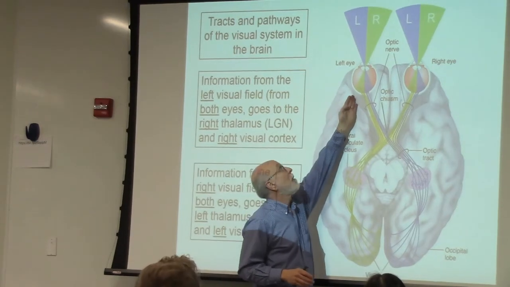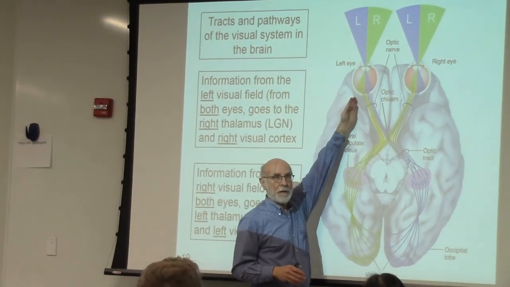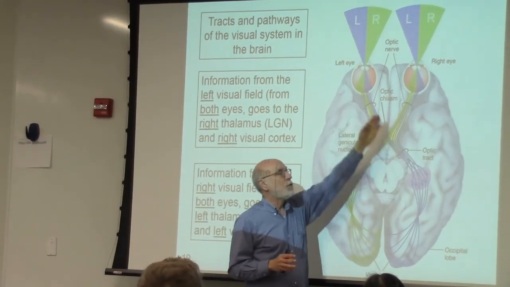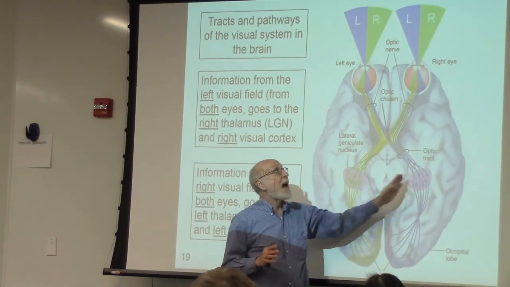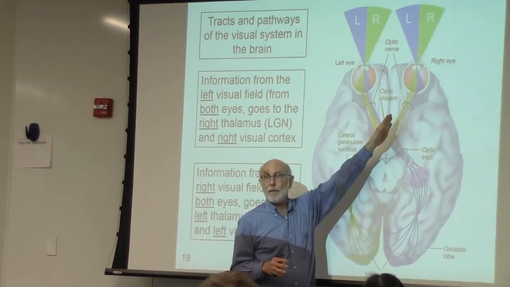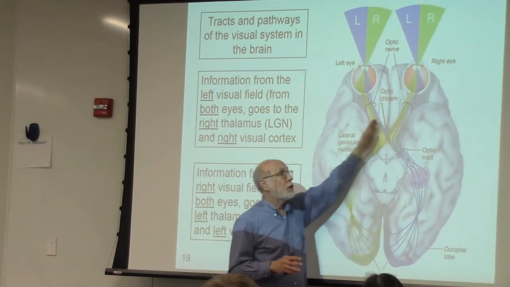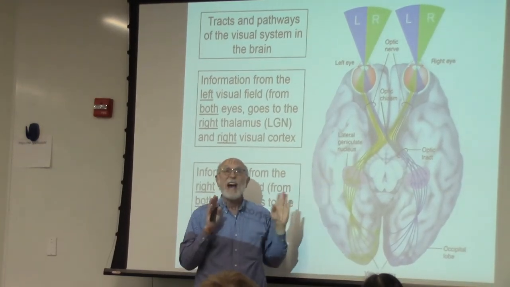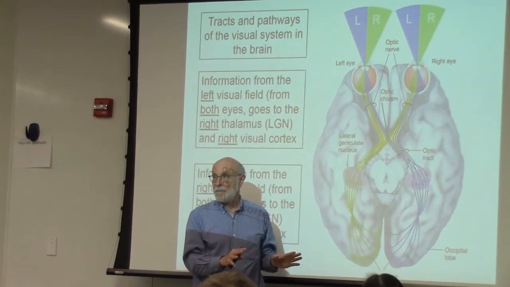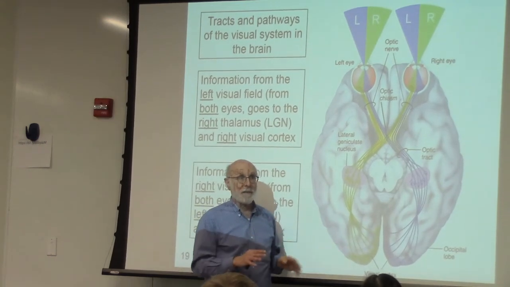The axons from the left visual field of both eyes go to the right lateral geniculate. And the axons from the right visual field of both eyes go to the left lateral geniculate. It's not the eye, it's the visual field that matters in terms of left and rightness.